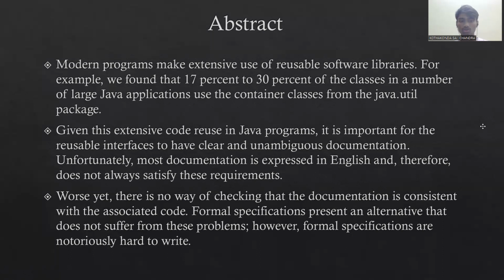Given this extensive code reuse in Java programs, it is important for the reusable interfaces to have clear and unambiguous documentation. Unfortunately, most documentation is expressed in English and therefore does not always satisfy these requirements. Worse yet, there is no way of checking that the documentation is consistent with the associated code.